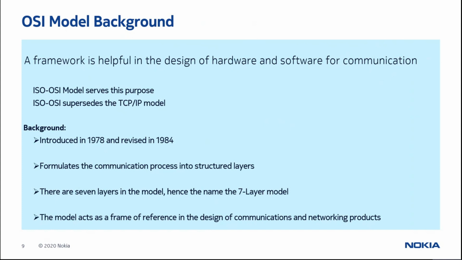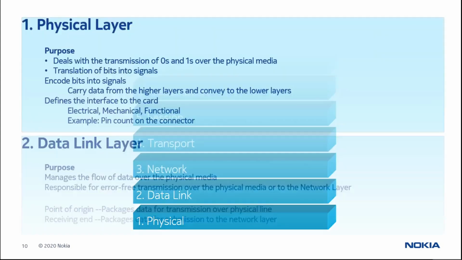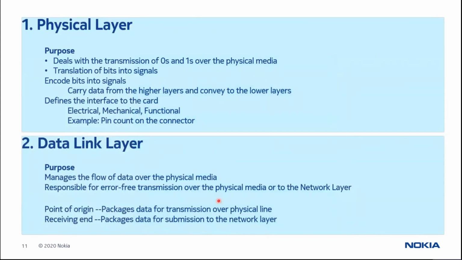That is one of the key differentiating things when you look at TCP versus OSI. So OSI replaces the TCP/IP model, and it is one of the leading approaches that communication network developers have adopted.